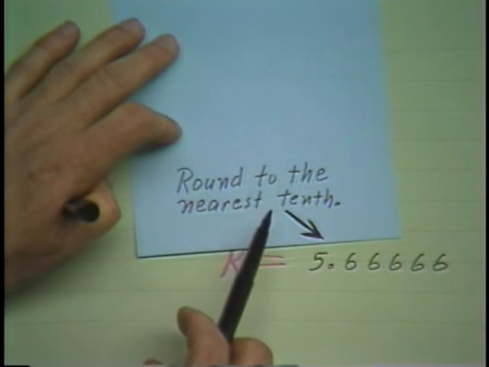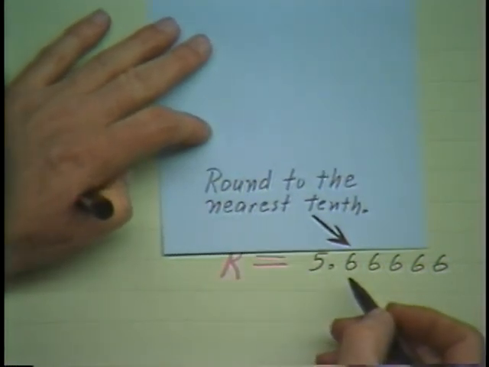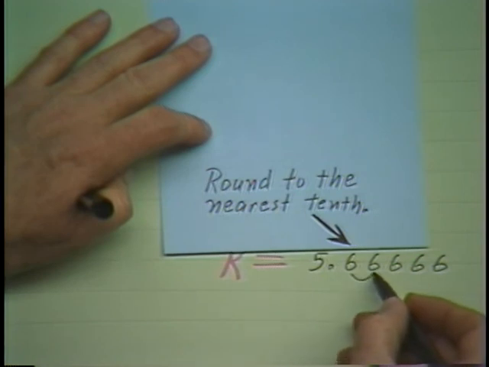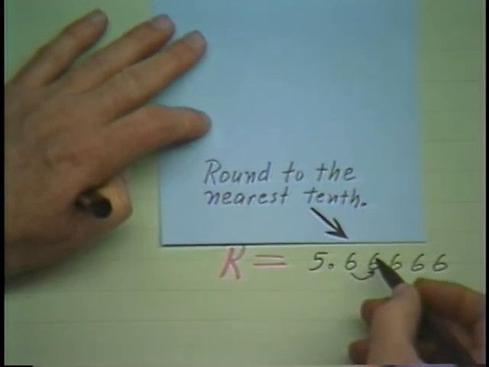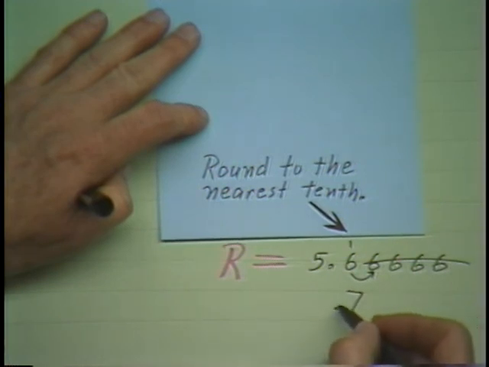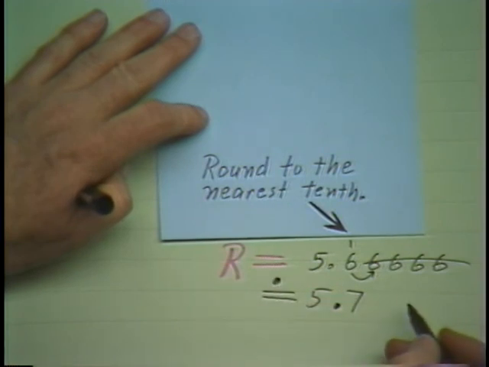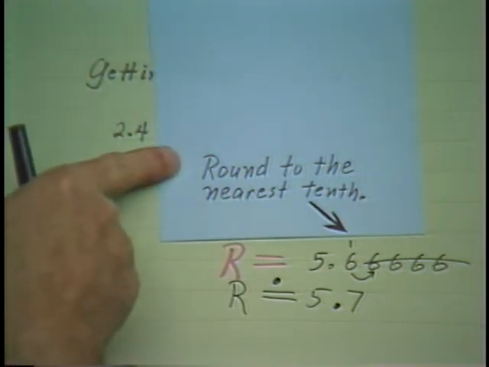So in this case, let's say our instructions were to the nearest tenth. So there's the nearest tenth. We look at the digit just to its right. That's 5 or more, so we add 1 to the round off place. So my answer is approximately 5.7 as the value of r.